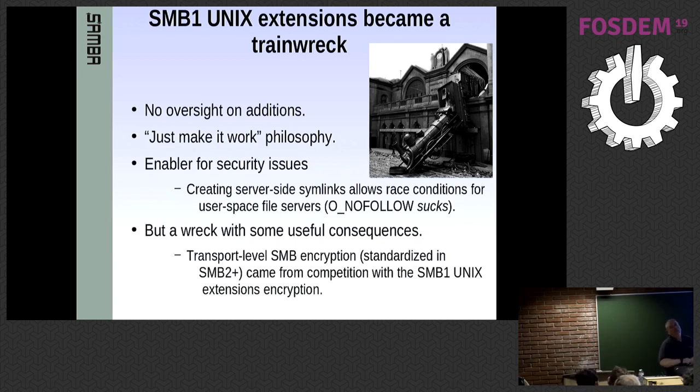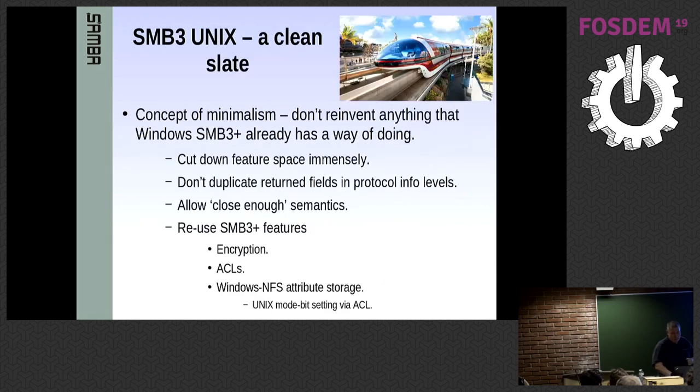So that was a joke for people who don't have to support IPsec. It's terrible and doesn't work very well. So they were able to add transport level encryption directly into SMB1 just by saying, well, look at those open source guys. They've got transport level encryption. We need it for feature parity. So that was actually quite useful. And the SMB3 transport level encryption is actually very well implemented and secure. So I'm happy about that.